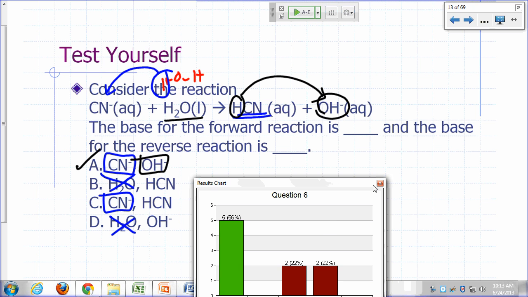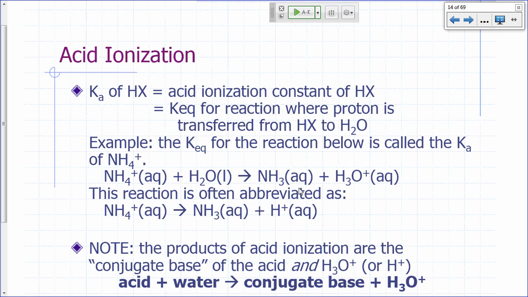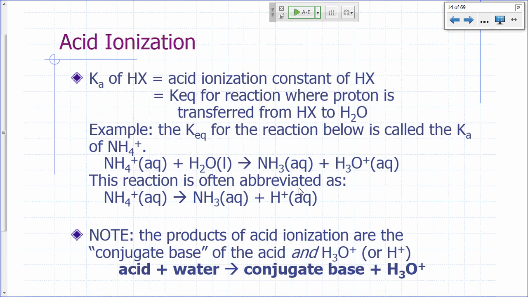Okay. So now let's talk about the acid ionization constant. If you have a reaction where an acid, a Bronsted acid, a proton donor, donates a proton to water, for example, ammonium ion donates a proton to water, that gives you NH3, and what happens to the H?